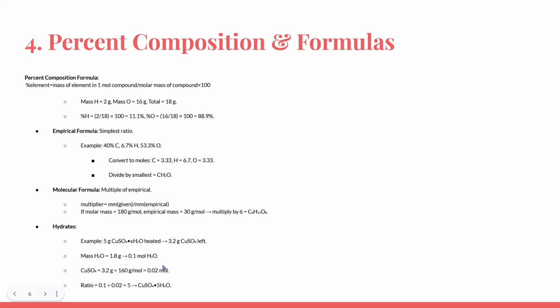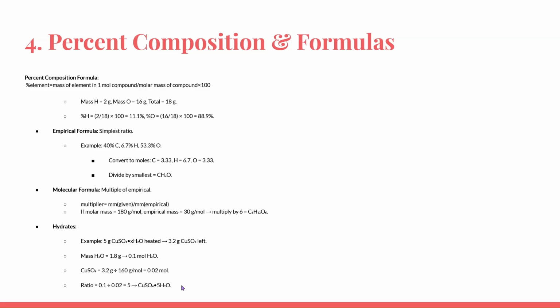And once you have that, you divide everything by the smallest, so this would end up being 1 for its number here, and then if you do the water, you do 0.1 divided by 0.02, you would get 5, and then you would find out that you have 5 H2O in the formula.